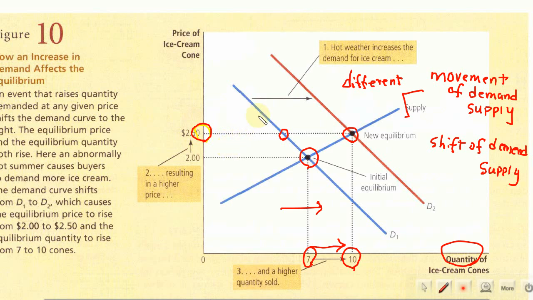Once the price goes up and down according to the price fluctuations, the movement is moving, right? But shift is different. A shift changes regardless of the price variations.